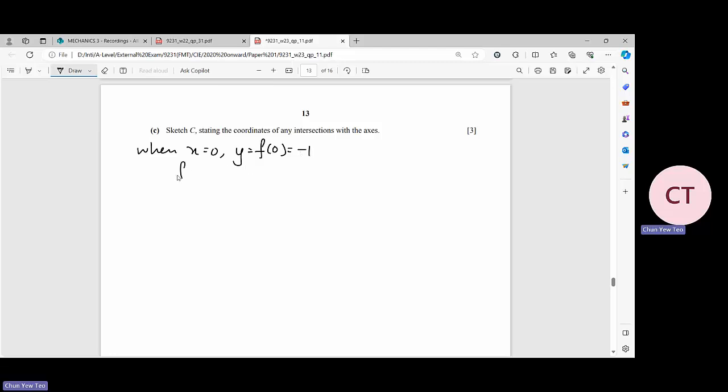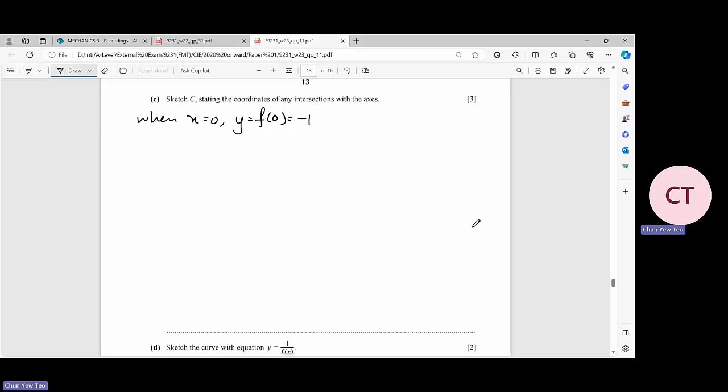But when f(x) equals 0, actually you are having this. That is no real solution. So this one actually no need to show. I just mention it over here, briefly go through. So you have only one intercept, which is the y-intercept.